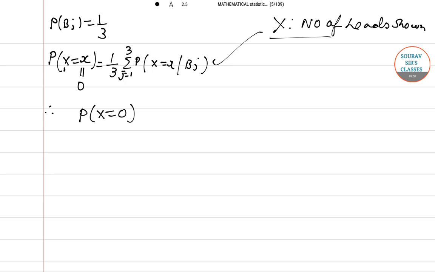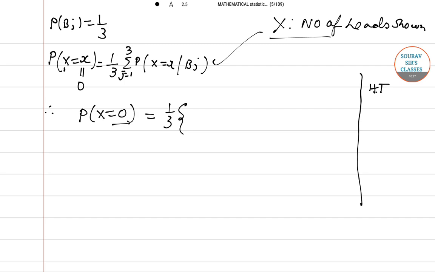So if the number of heads shown is 0, then we'll write down from here 1 by 3 summation. Now instead of J, 1 basically means number 1 ball, 2 basically means number 2 ball, 3 basically means number 3 ball. So when the first ball is drawn, I'll write down the findings.